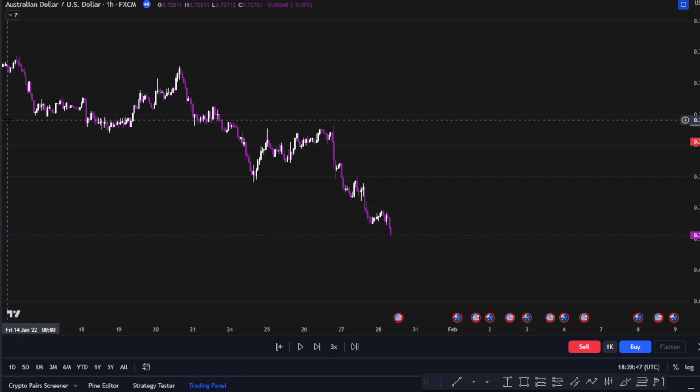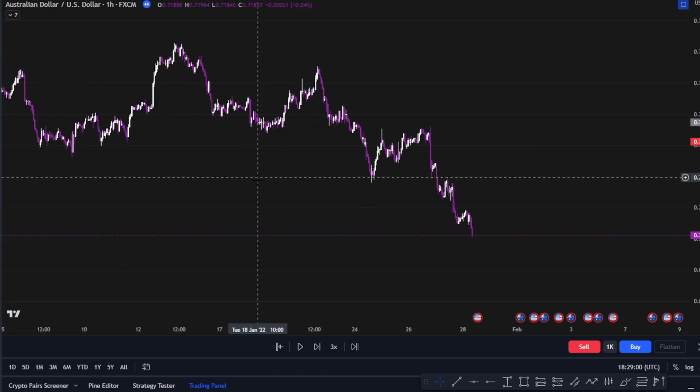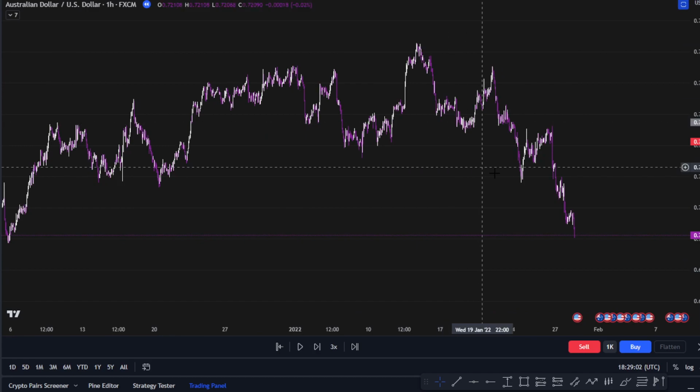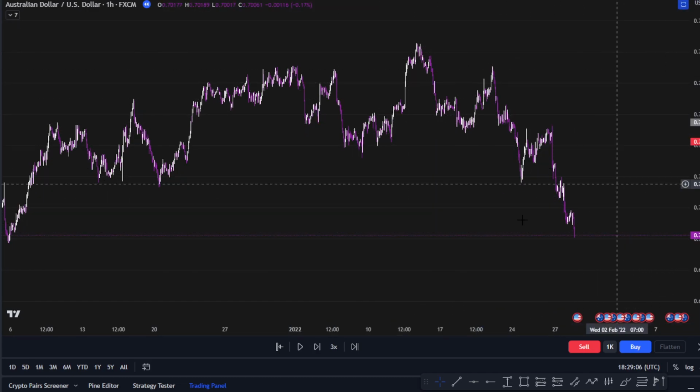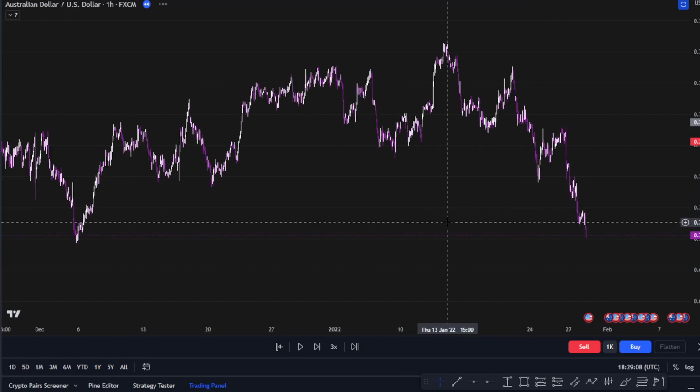I think the best thing to remember with pullback trading is that you do want a trending market in a certain direction. You don't want to be trading a choppy market. So this might be an imperfect example because we are in a relatively choppy market here and the trend is downwards. And the example I'll be using here is once this market has a change of character, right?